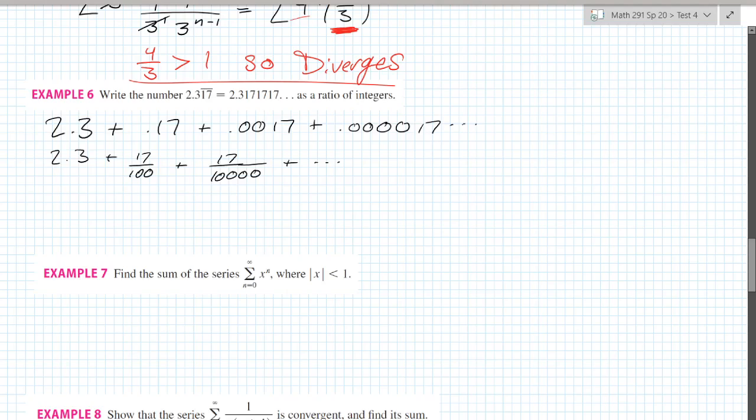So now we can look at this and say, okay, A is our first term, and then we've got our common ratio. So we want this part to be our geometric series.